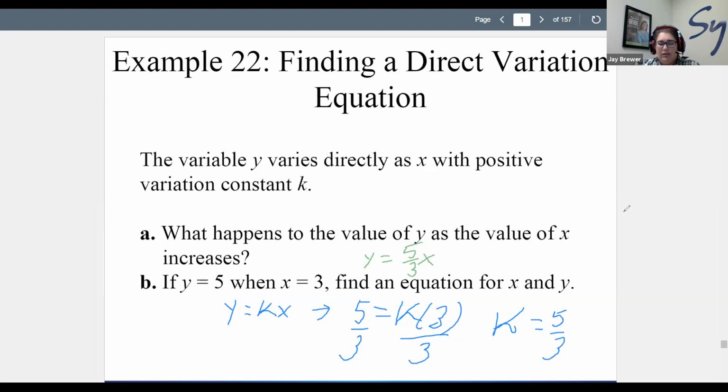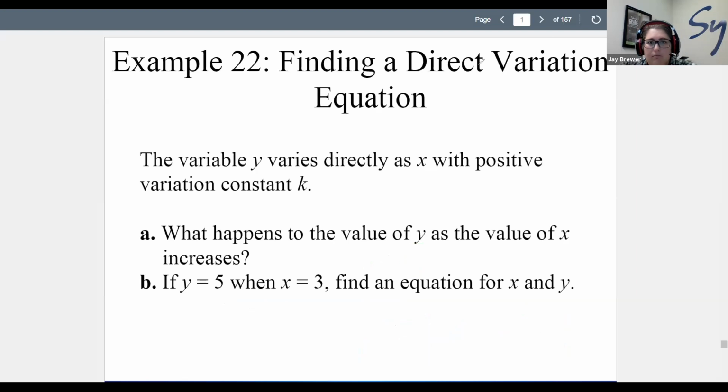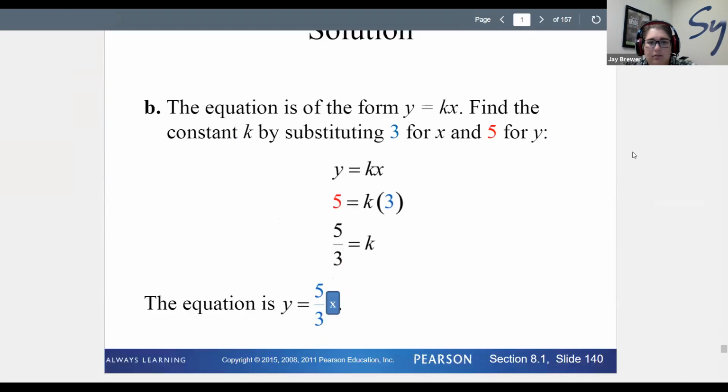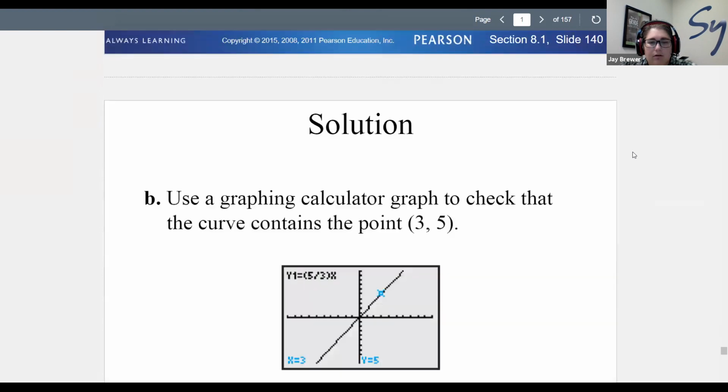If you really wanted to check this, let's get rid of these so we can move on. If you really wanted to check this, we could put it on a graphing calculator.